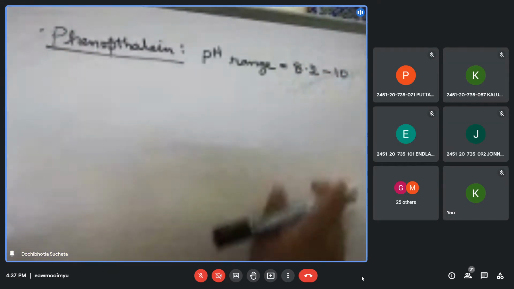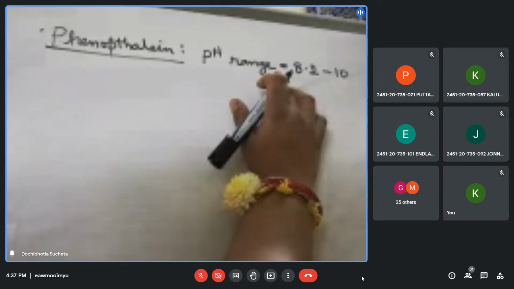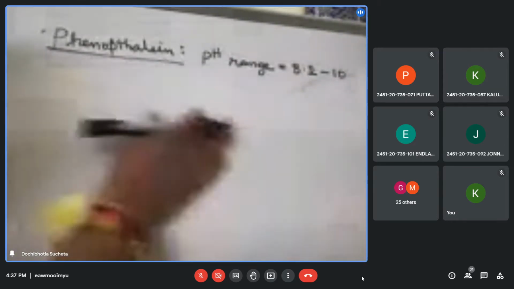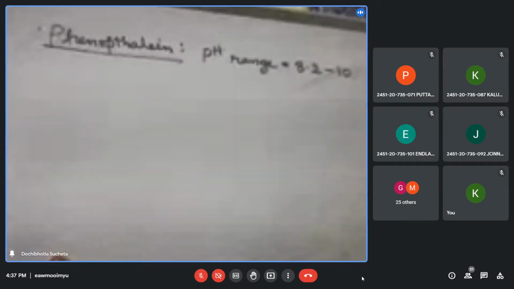It means that below 8.2 it is colorless, and above 10 it is red or pink in color. That's the exact range I can say.